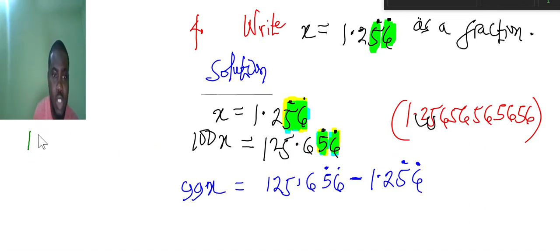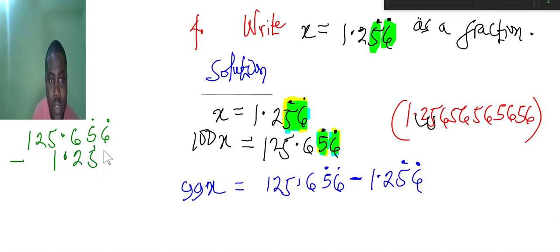So let's do our subtraction manually the way we like to do it. 125.656 recurring minus 1.256 recurring.